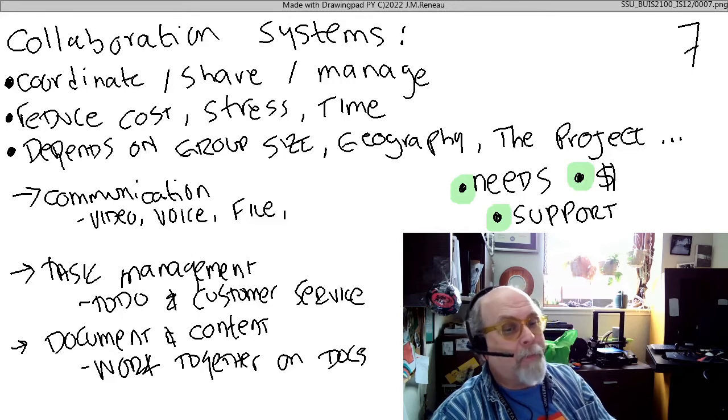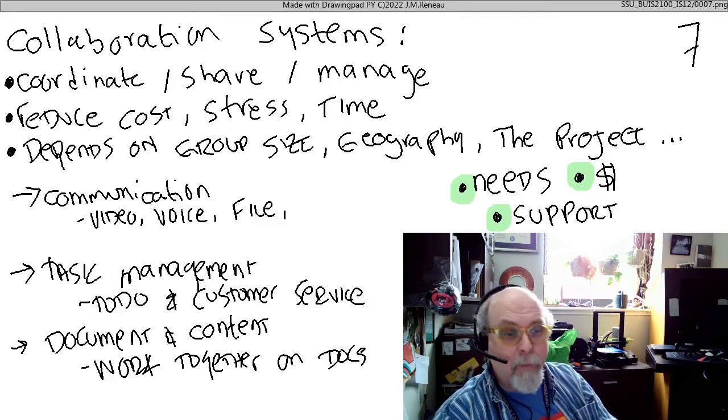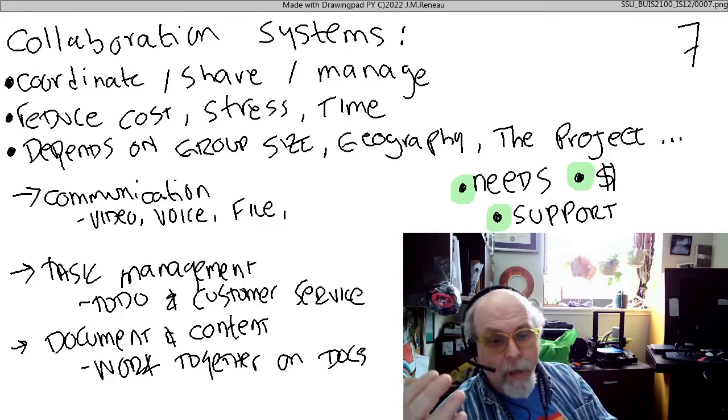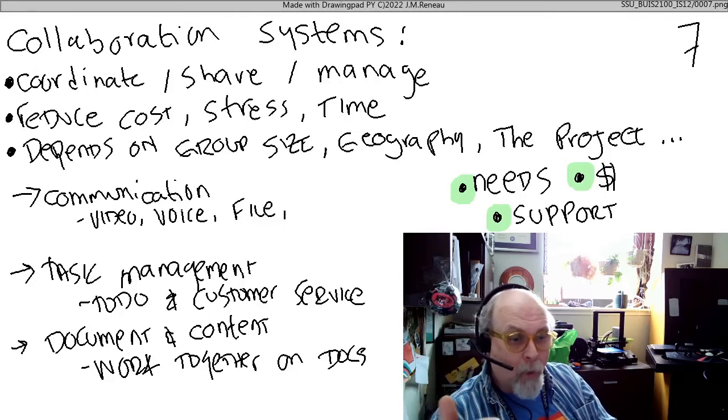Now, it depends upon the group size, the geography, the project, the needs, the money, and how much support there is. But a collaboration system will often have video, voice, file sharing, and other ways to do it. A collaboration system may have a task management system in it with lists of to-dos, and who's working on what to-dos.